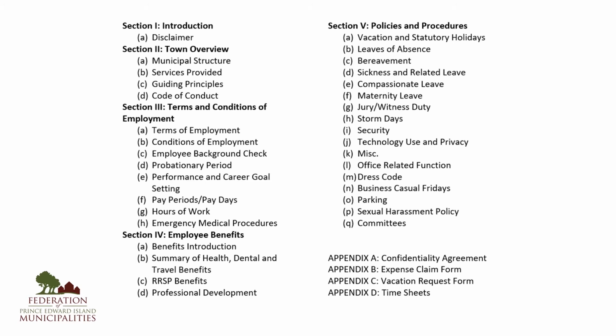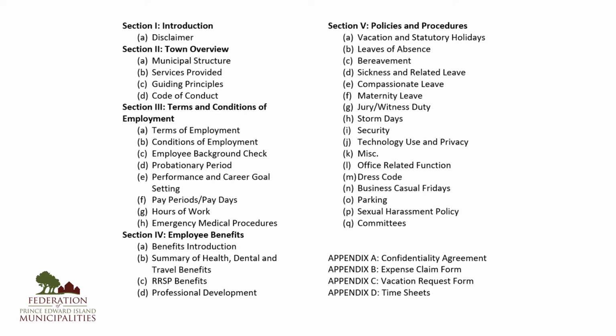The CAO should ensure that the municipality has up-to-date and applicable HR policy and procedure. So this could include important policies around pay periods and hours of work, or employee background checks and performance measurement.